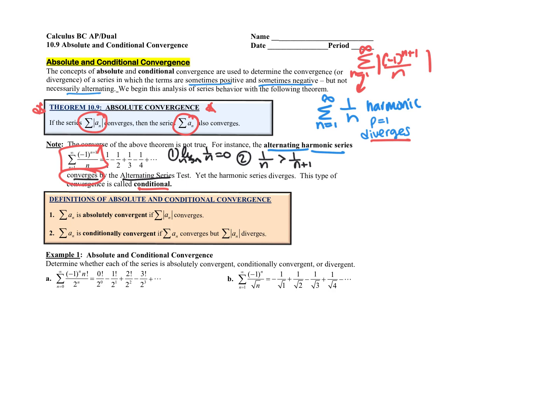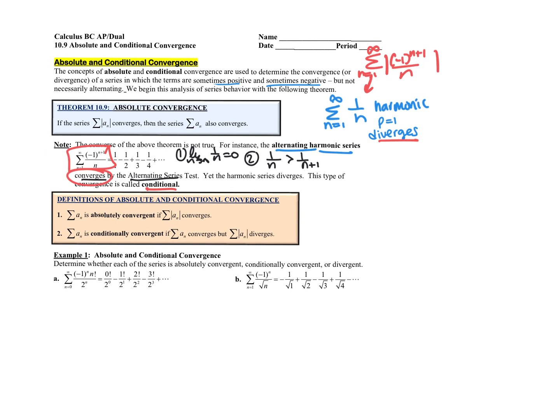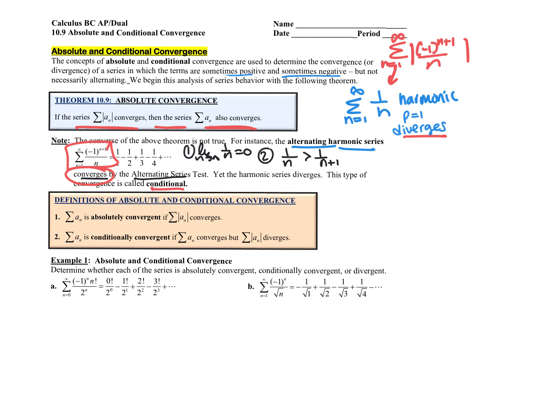So absolute convergence, back up here to this theorem here, is when you take the absolute value and the absolute value of this series converges, you're guaranteed that the non-absolute value part converges. And so something is absolute convergent when both converge, and conditionally convergent when only one of them converges. So when the absolute value diverges and the regular series converges.